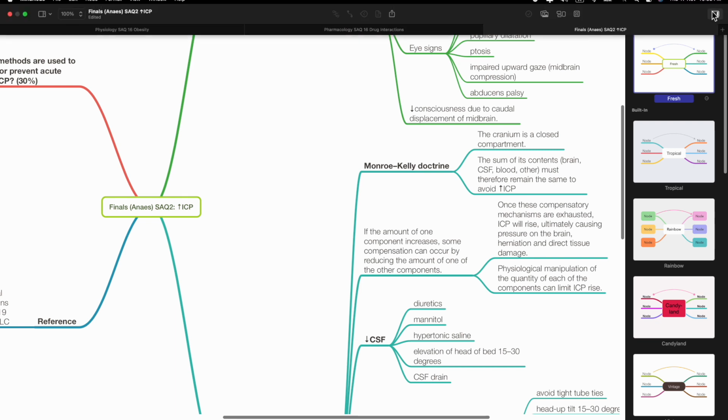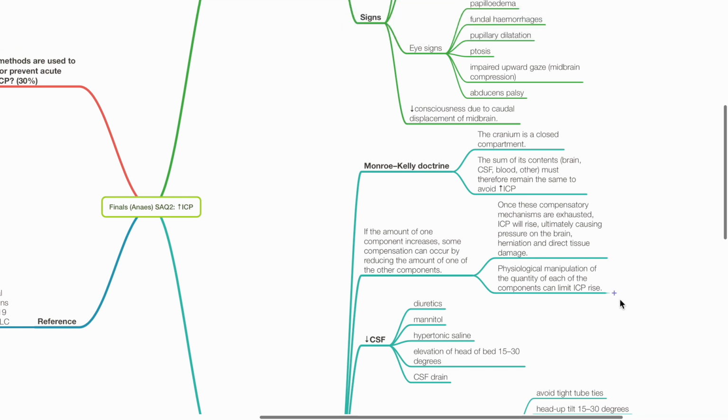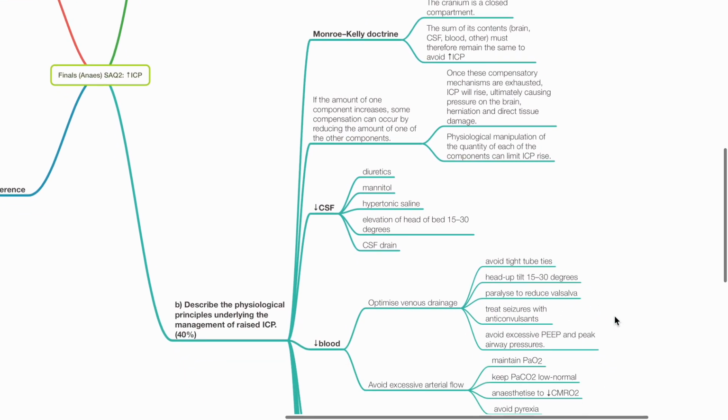If the amount of one component increases, some compensation can occur by reducing the amount of one of the other components. Once these compensatory mechanisms are exhausted, ICP will rise, ultimately causing pressure on the brain, herniation and direct tissue damage. Physiological manipulation of the quantity of each of the components can limit ICP rise.